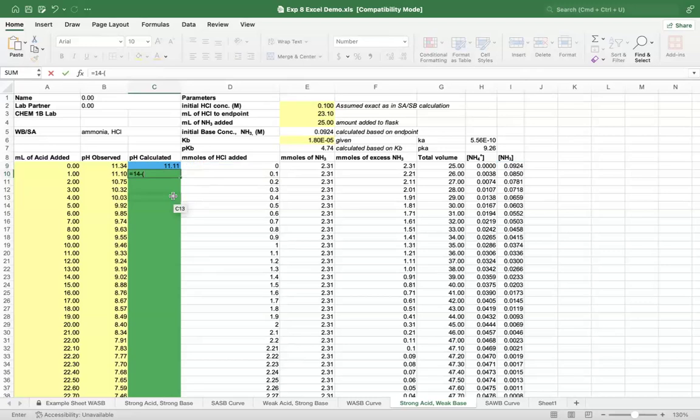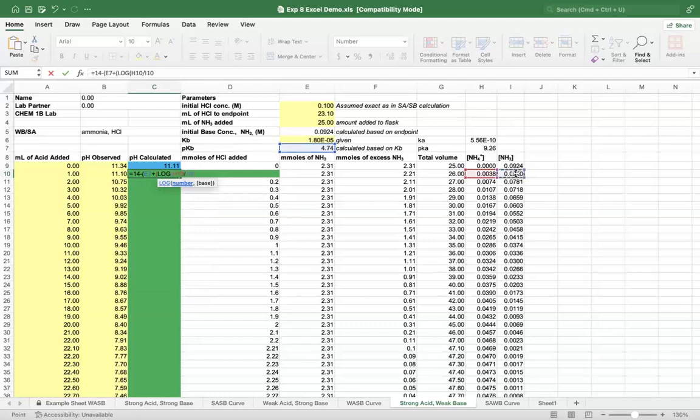And now what we want is to go pKb plus, now I'm going to put parentheses just because I'm paranoid, plus the log of the concentration of NH4 divided by the concentration of NH3.